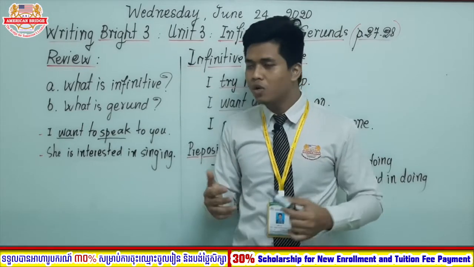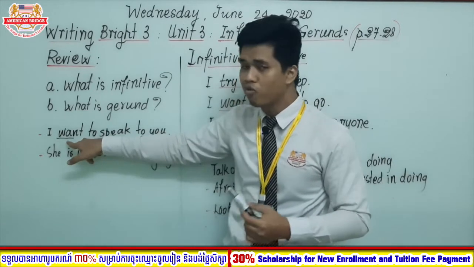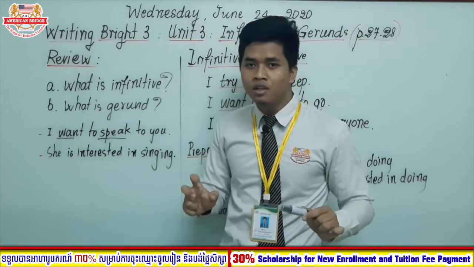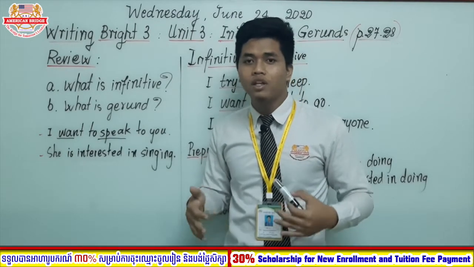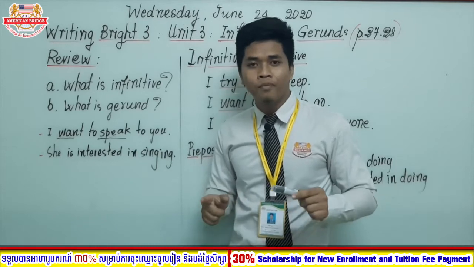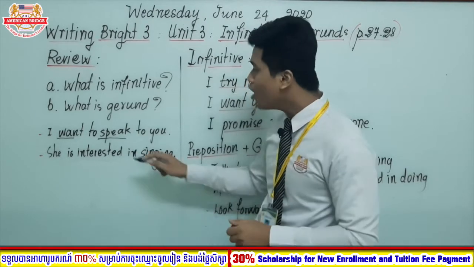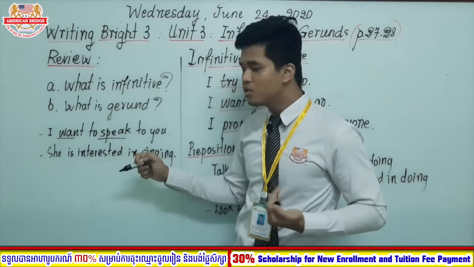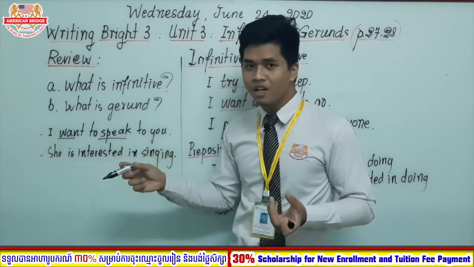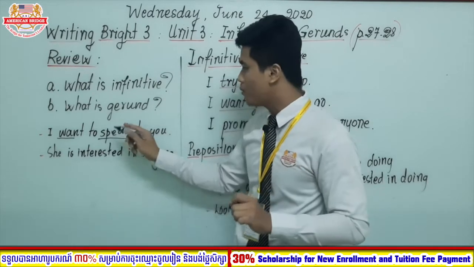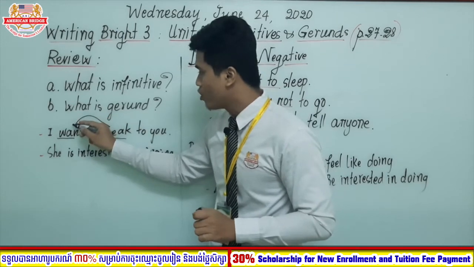And you already know that the first verb here, the verb want, is the action verb, or we can call it the main verb in the sentence. How about speak? I want to speak to you. So speak here is an object of the verb want.